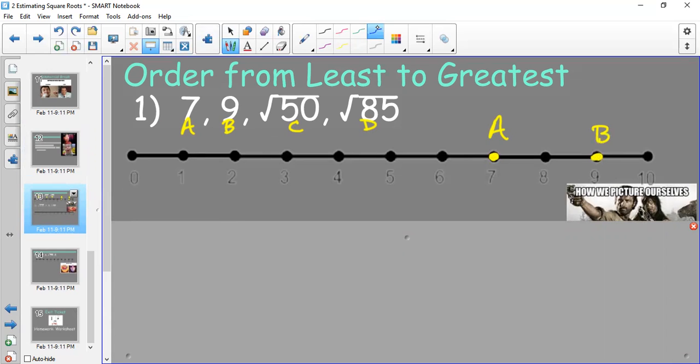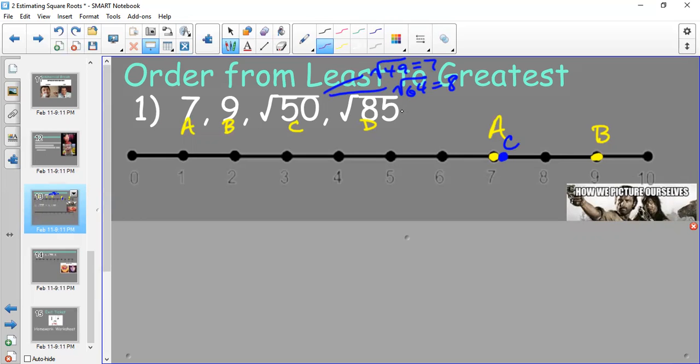All right, so let's do the square root of 50. Square root of 50 is between 49, which is 7, and 64, which is 8, but it's super close to 49. So it's going to be just barely above 7. So on the number line, that would be right to the right of A, and that would be letter C there.